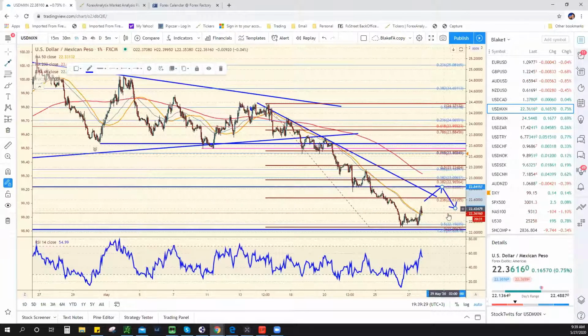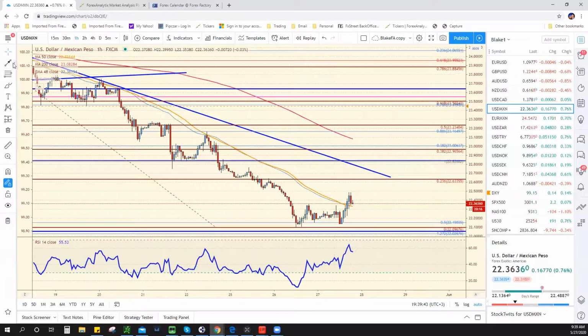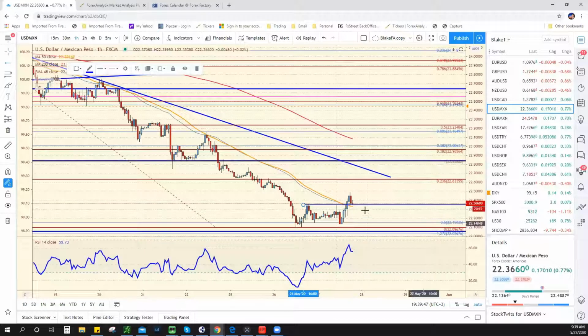And then whether it hits new lows or doesn't will be more dependent on what's happening with equities and whatnot. But I think that the US dollar Mexican peso is making some good gains. And I've actually already pulled mine off, and I'm trying to bid for some down here.